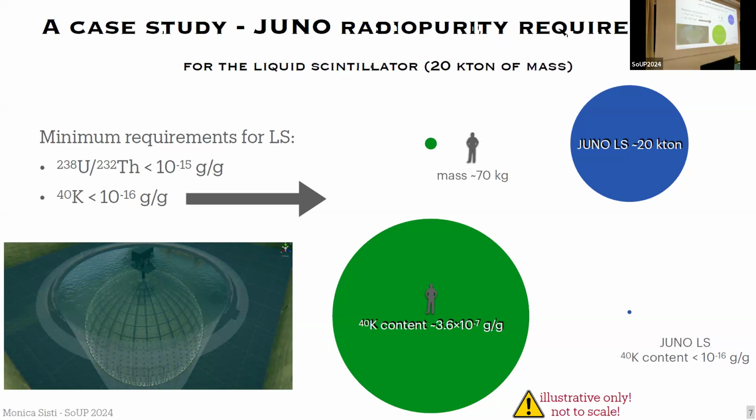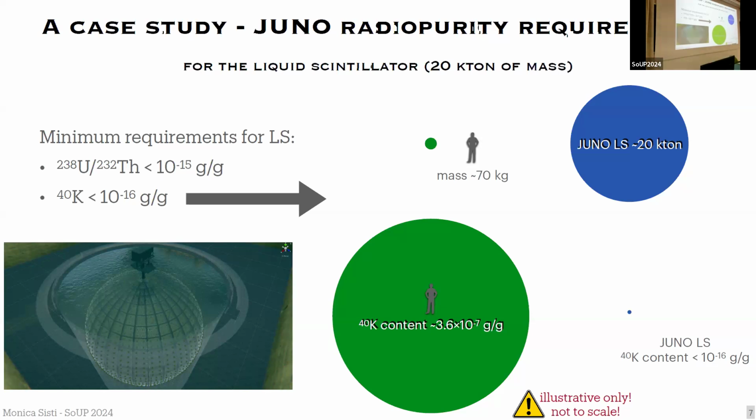This makes about 10 to the minus 7 gram per gram of potassium per gram of body weight for a man. And this is what we are aiming to for JUNO. So proportions are completely different. 5 orders of magnitude here, 9 orders of magnitude here. So that's the battle that we have to fight every day.